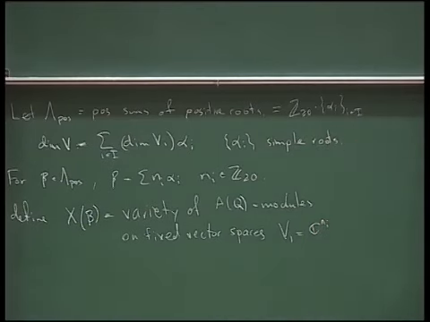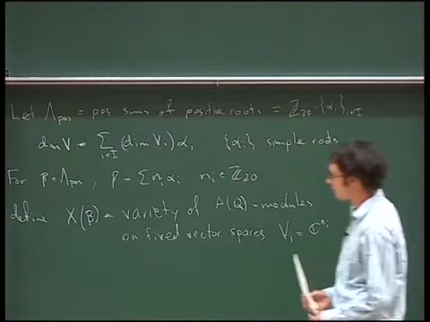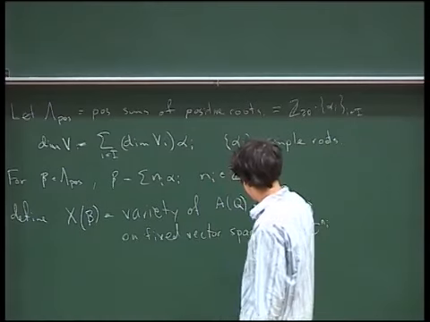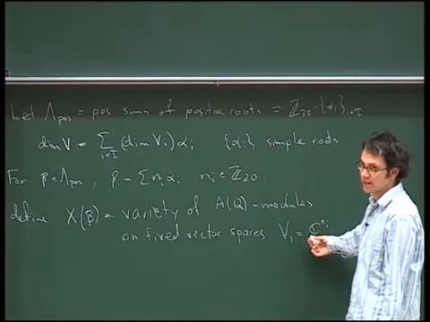In other words, we'll just fix these vector spaces V_i to be just C to the n_i, and then consider the variety of all module structures we can put on these fixed vector spaces.